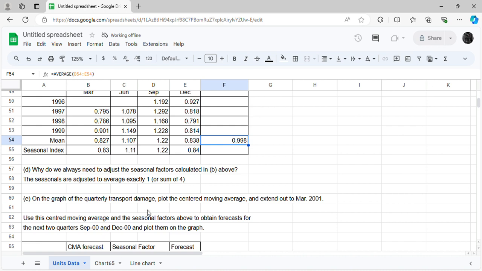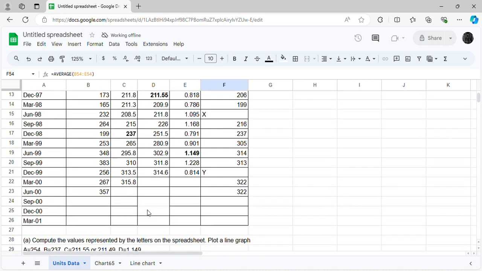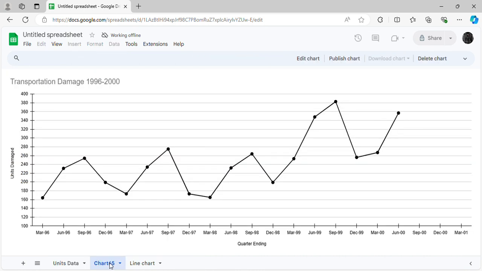On the graph of the quarterly transport damage, plot the centered moving average and extend out to March 2001. Okay, so March 2001. In the table we have added the quarters up to March 2001. Now we want to add this to the line chart.